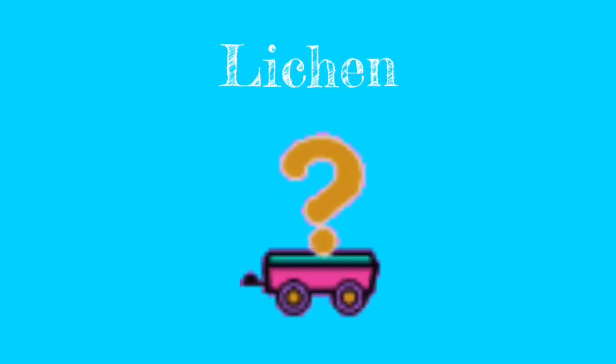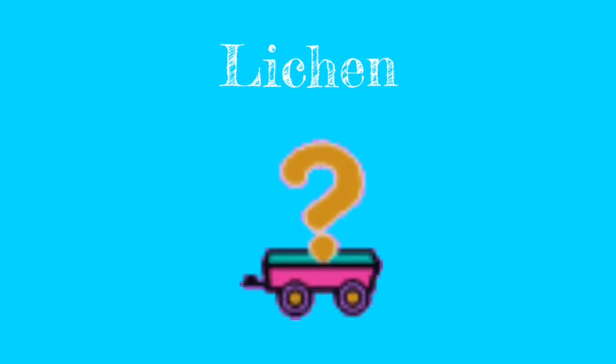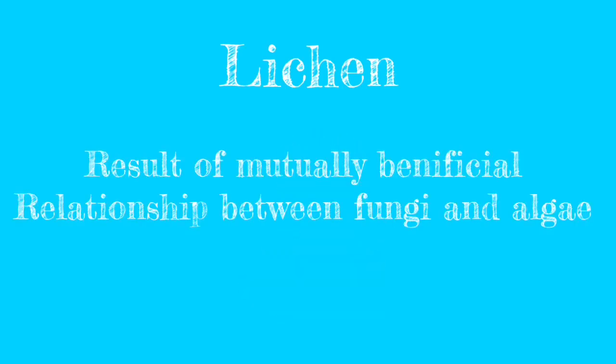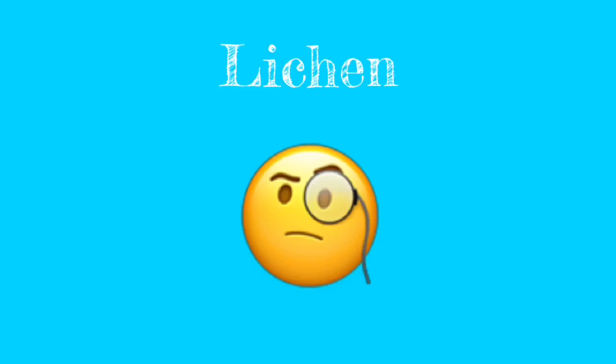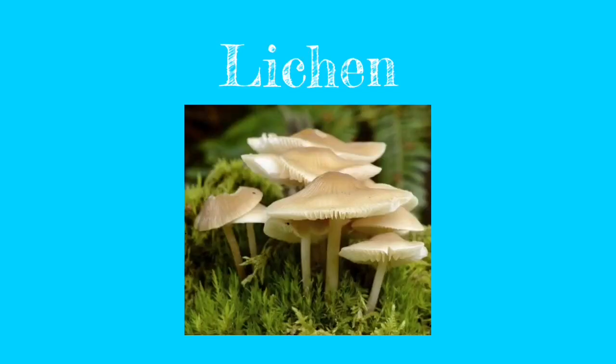Now moving on to the final group, a lichen. So what is a lichen? A lichen is the result of a mutually beneficial relationship between fungi and algae. What does that mean? So both fungi and algae make a lichen.